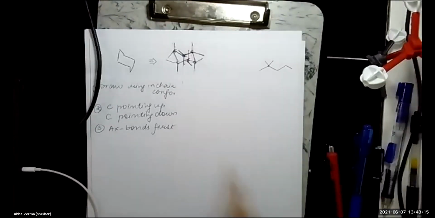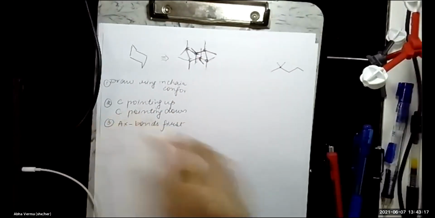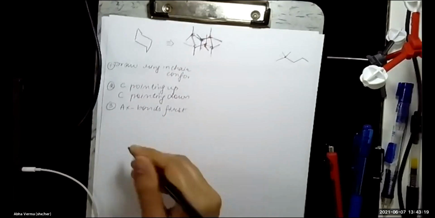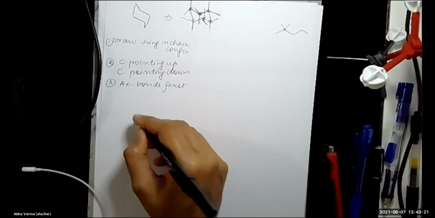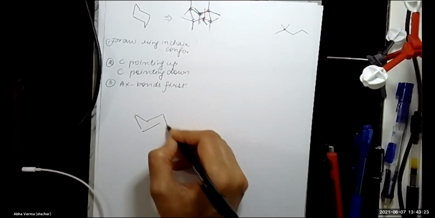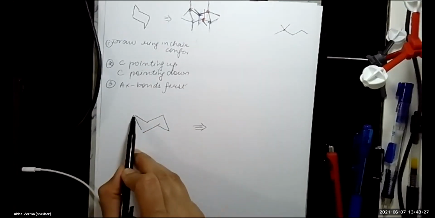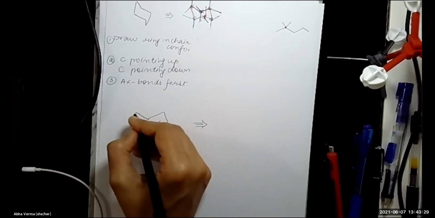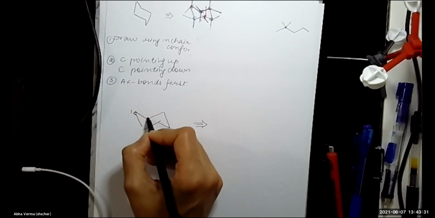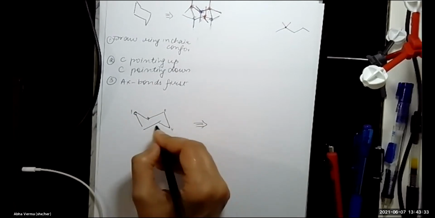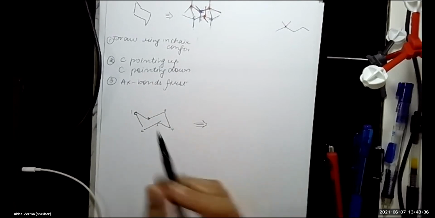So if you remember this particular structure that I was trying to make, let me remake it here. And I will just draw the flip first. Let me start to count. This is my carbon 1, 2, 3, 4, 5, 6.